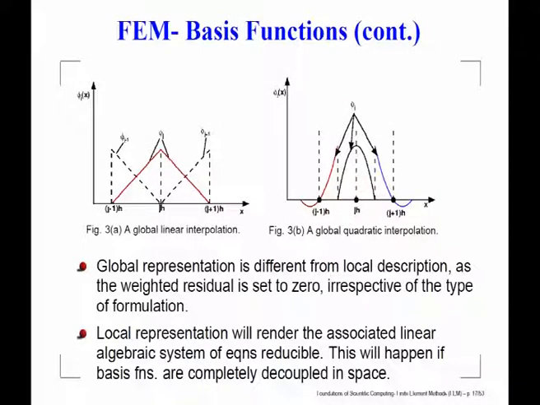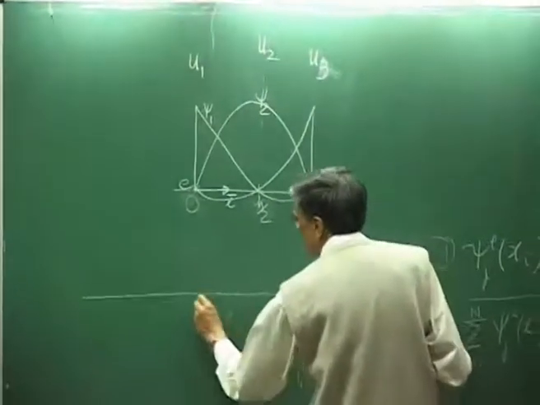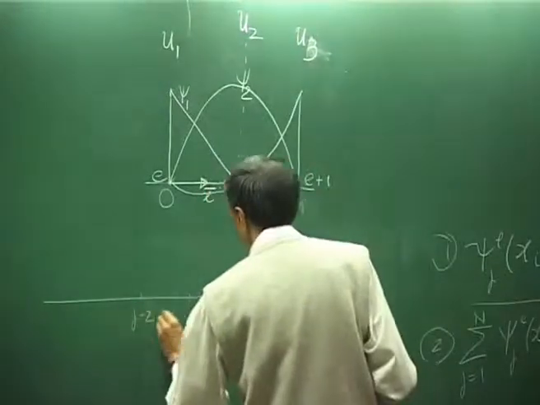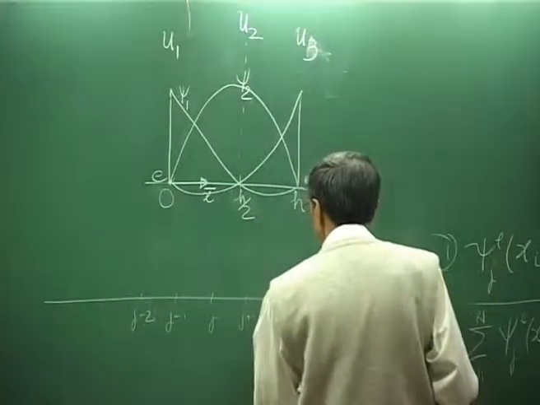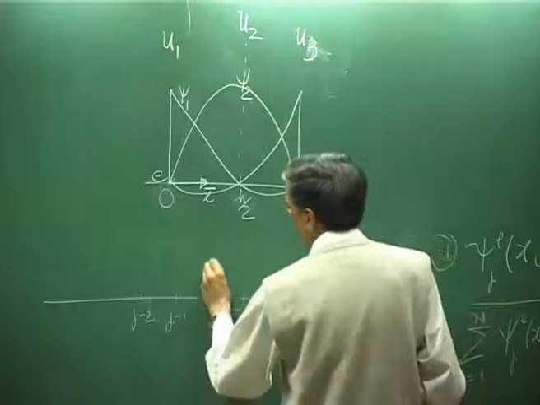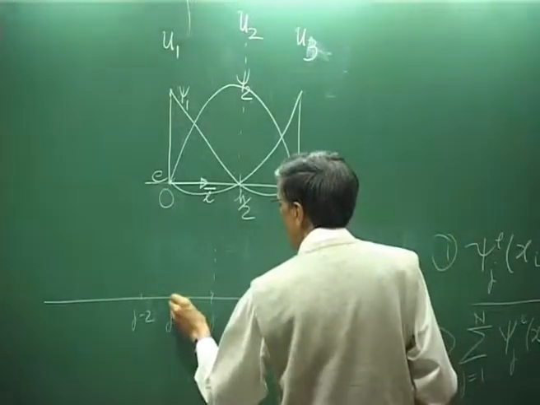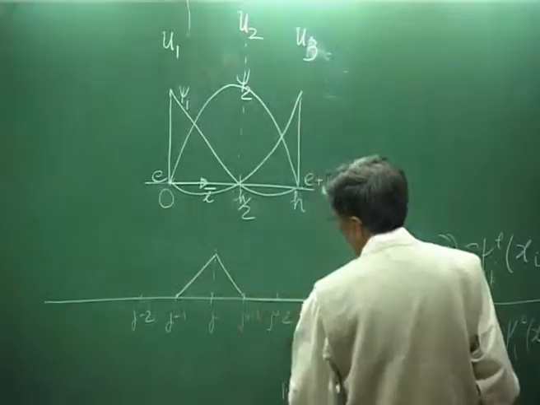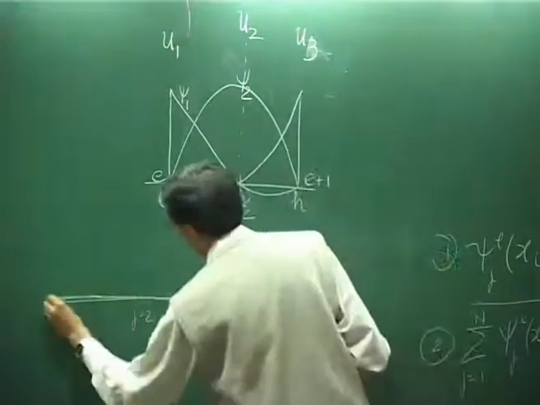So, what is happening here is that if I take the nodes, this is the jth node, this is the j plus 1th node, then I would have a function which would be like this.